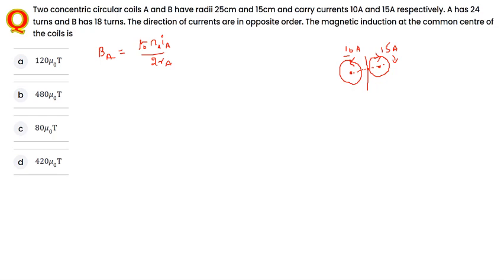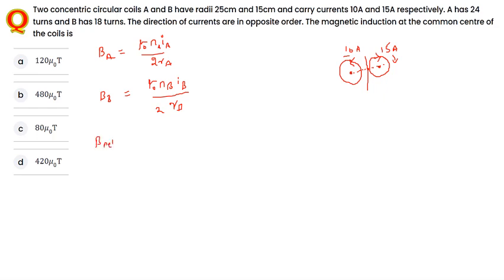Similarly, here B_B is mu naught N_B I_B divided by 2 R_B. Now what they are asking is the total magnetic induction at the common center.